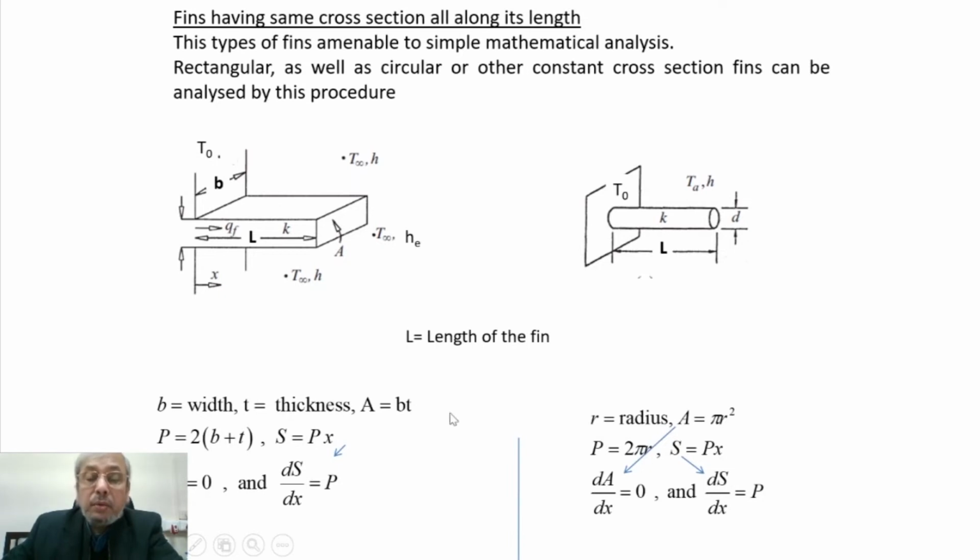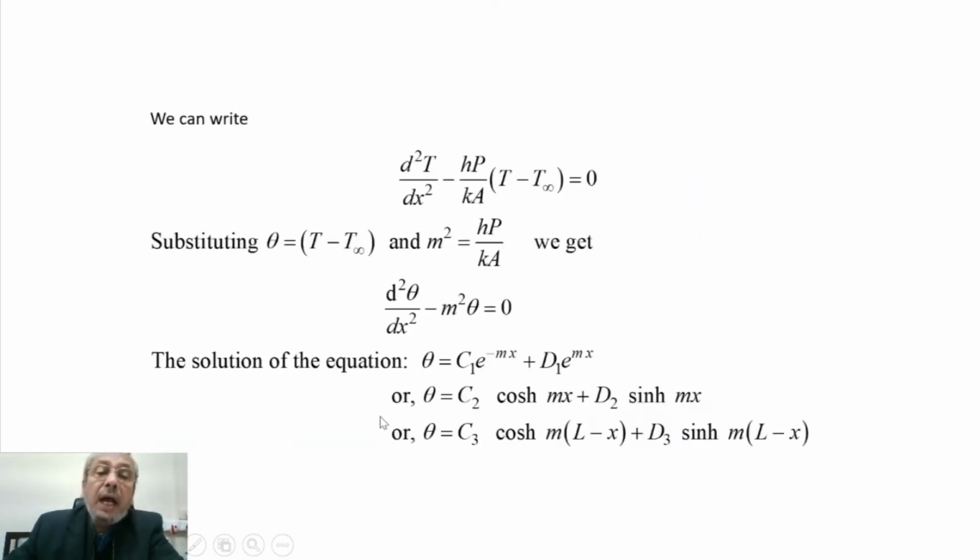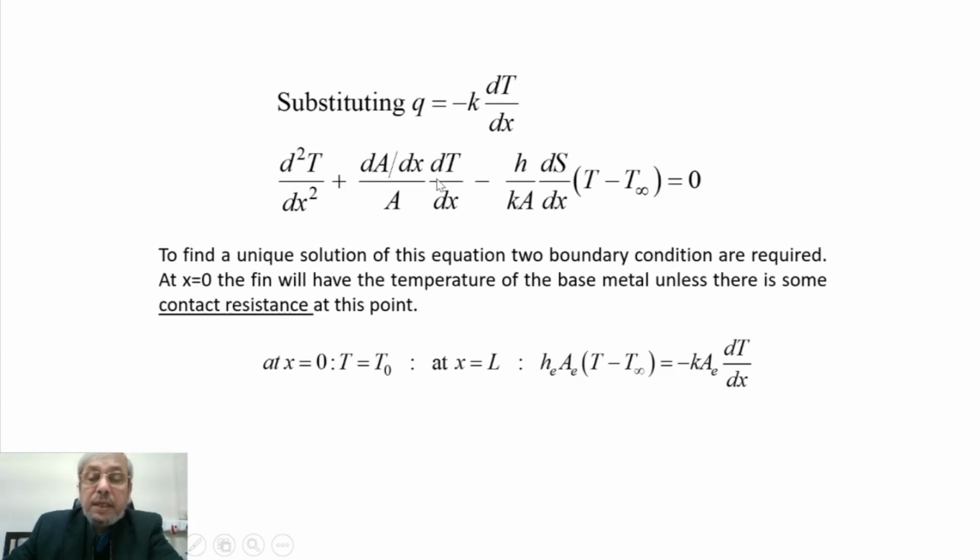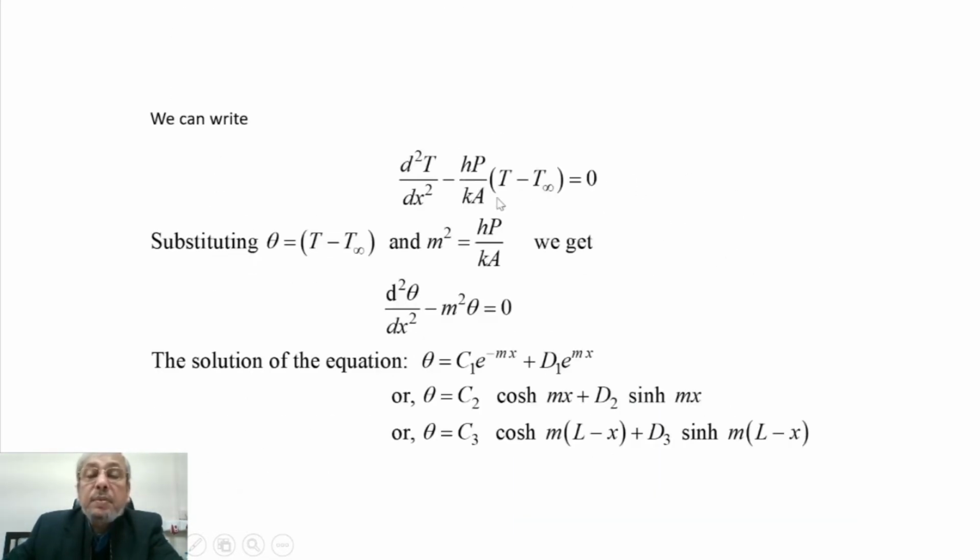So we will drop that term, and the governing equation will be d2T/dx2 minus, we can easily see from here, my dS/dx is P, so it will be minus hP divided by kA, hP divided by kA, (T minus T infinity) equal to 0.